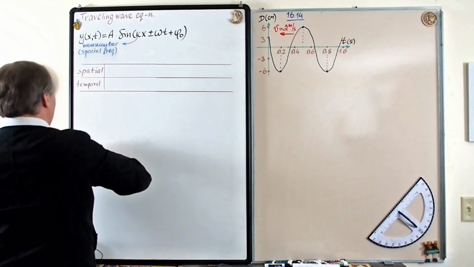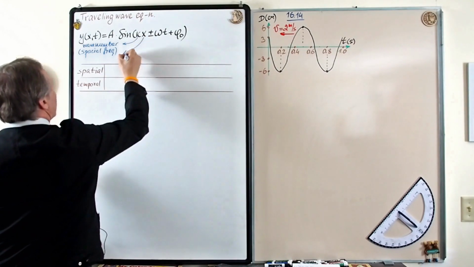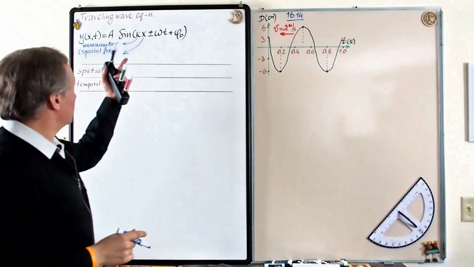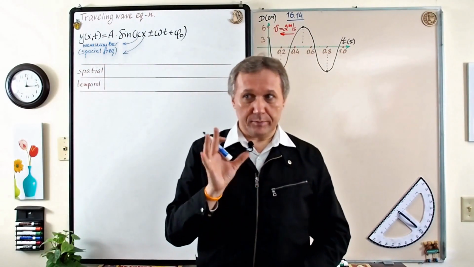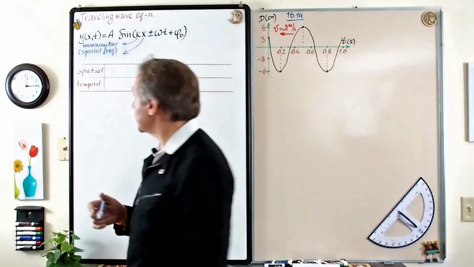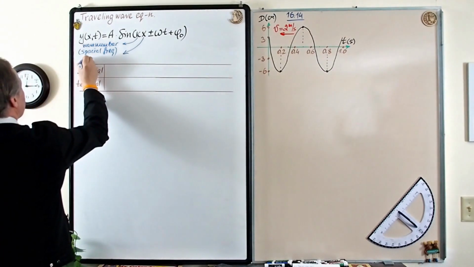Okay, then x. You know what? Let me use maybe still blue. x is a spatial variable, of course, position x, right?